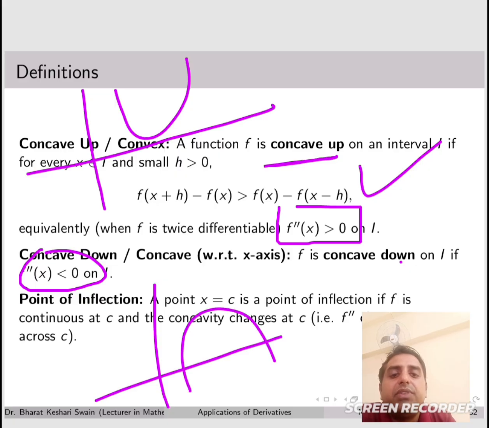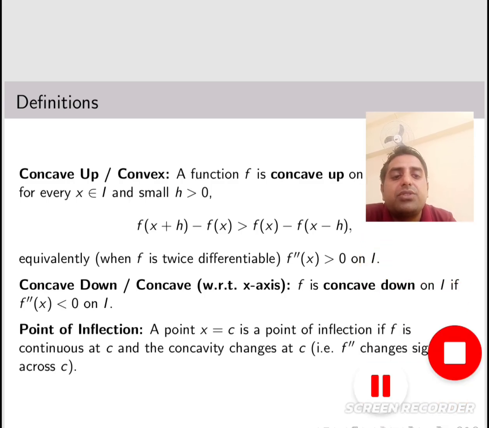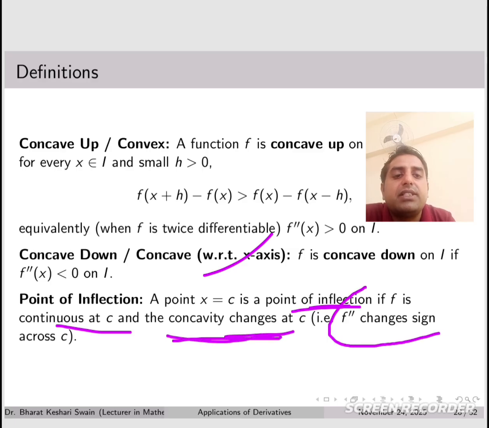Now the point of inflection: the point x equal to c is a point of inflection if f is continuous and the concavity changes at c. That means f double dash changes sign across c.